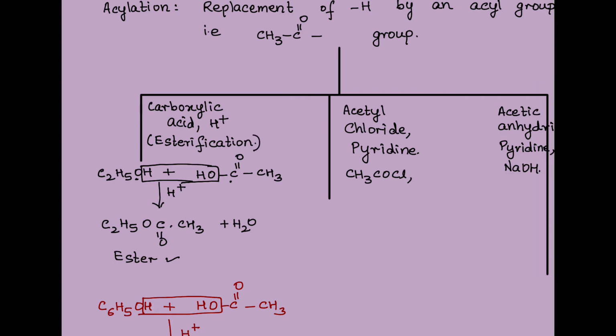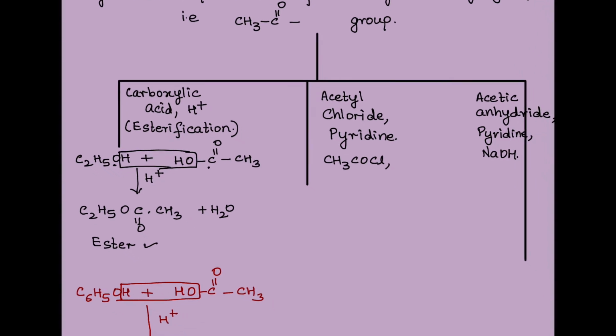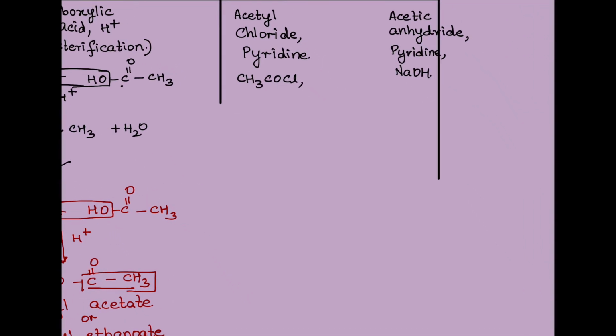It's not a very encouraging reaction as it is in the case of alcohols, where this reaction is actually used as a test for alcohols. So now if I want to introduce the acyl group, what do we do? Yes, resort to the second reaction. So let us write the reaction of phenol with acetyl chloride.